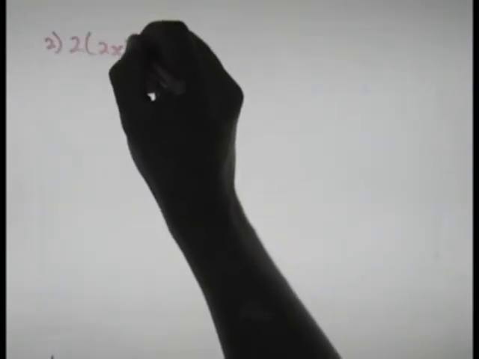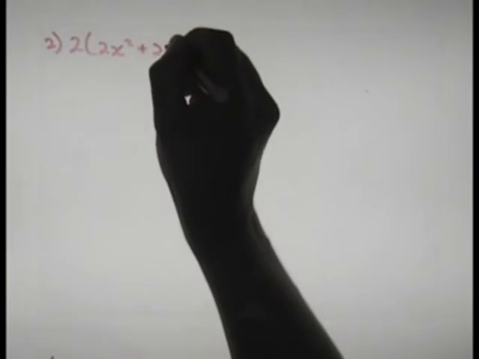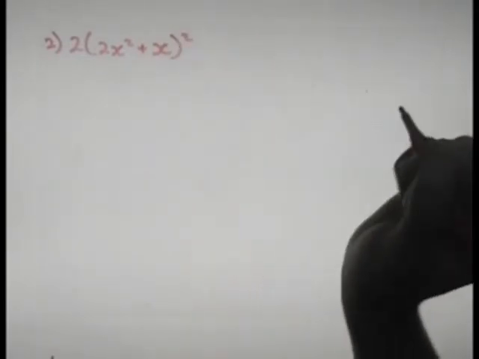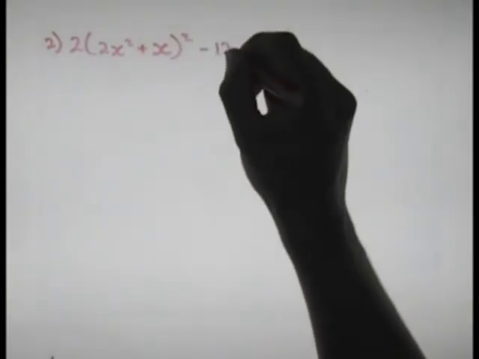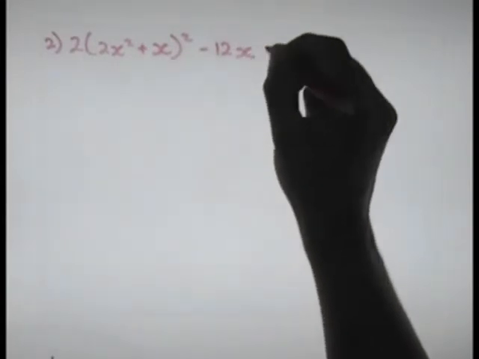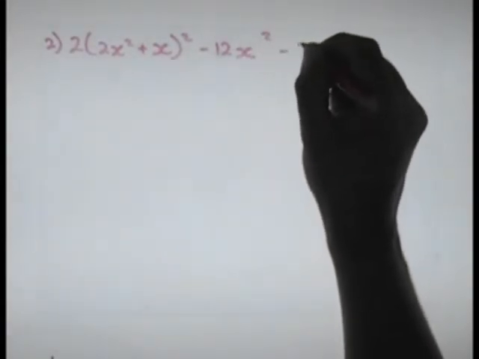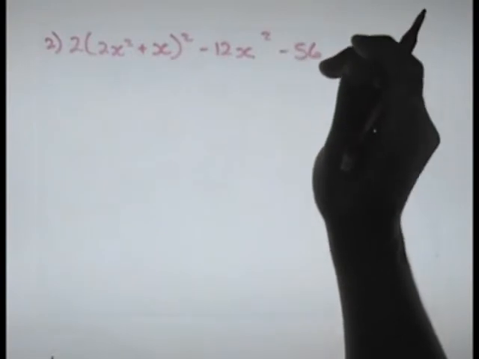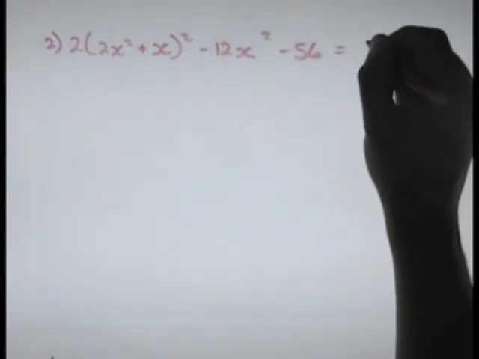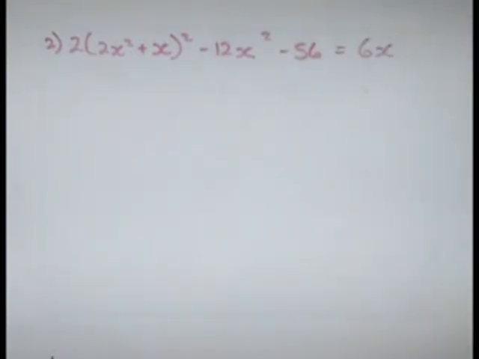Number 2. 2 multiplied by (2x squared plus x) all squared minus 12x squared minus 56 is equal to 6x. This does look nasty.